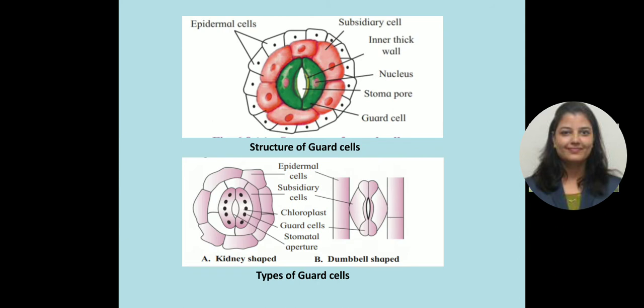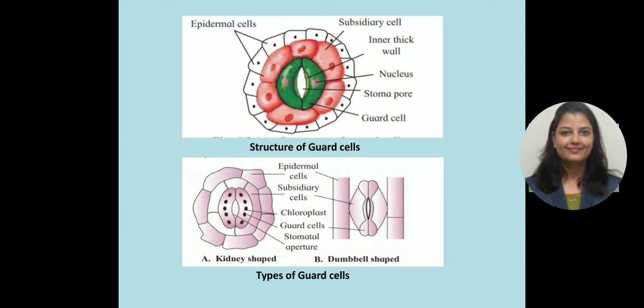So here is the structure of a guard cell. In the above diagram you can see guard cells are present outside the stoma. Guard cells are living nucleated cells with unevenly thick walls. The inner wall of guard cells is thick and inelastic, and the lateral wall is thin and elastic.